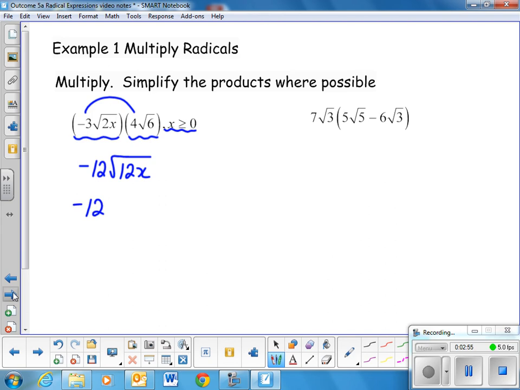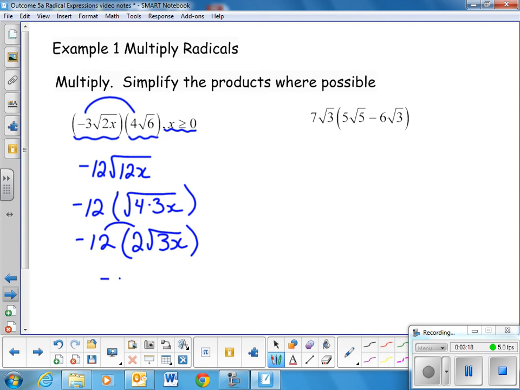So simplifying under that root sign, I know that I can break the 12 into the perfect square 4 times 3, and I still have the x. So that's going to give me square root of 4 is 2 out front of the root sign, 3x underneath. Again, to finish simplifying, I can multiply those numbers that are out front. So we end up with negative 24 root 3x.